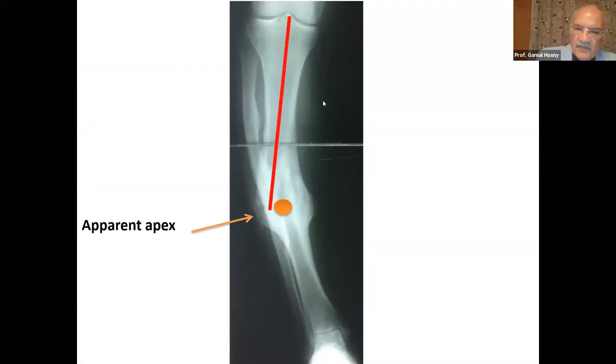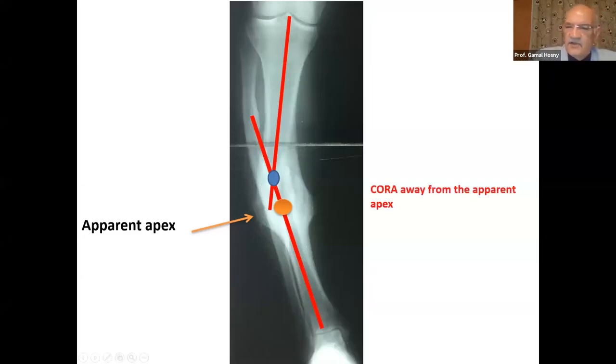So if you draw the mechanical axis or the anatomical axis of the proximal tibia and the anatomical axis of the distal tibia, they are not going to meet at the apparent apex. They are going to meet away from the apparent apex. That means we have another CORA. So this is the apparent apex, and this is the real CORA. So the CORA lies away from the apparent apex.